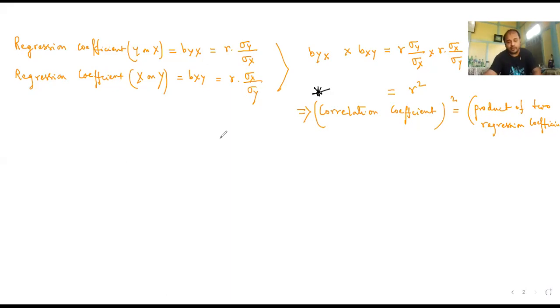For example, if I give you an equation of the following form, say one of my regression equations is this, and this is my regression equation y on x, and another regression equation that we have is x on y.